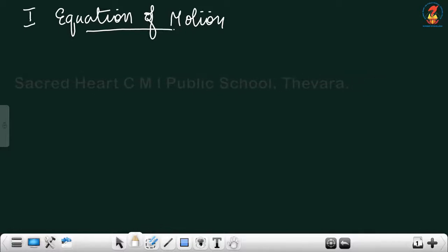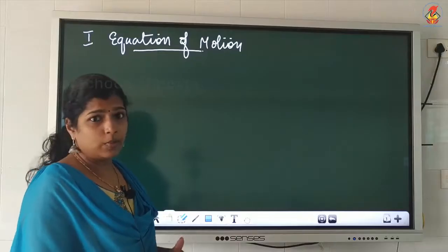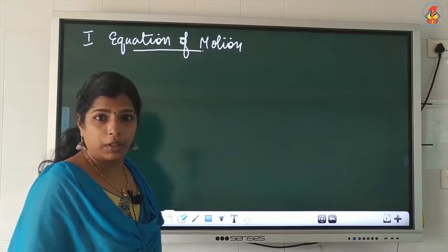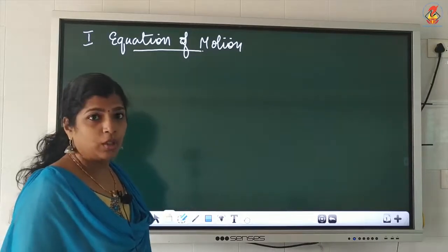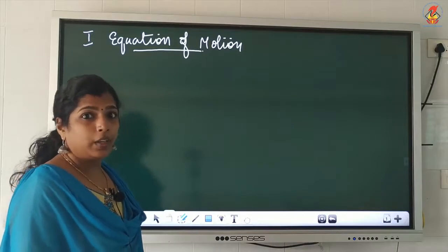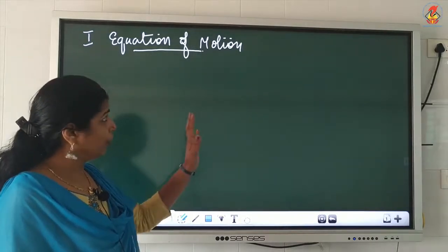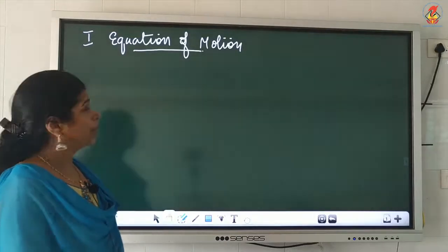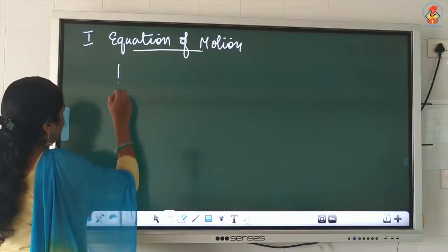Here we are doing it with the graphical method, meaning from the graph we will derive the equation. Different methods are there to derive the equations of motion. In 9th standard we will discuss the graphical method, where from the graph we derive the equations of motion. So first I will draw the graph.